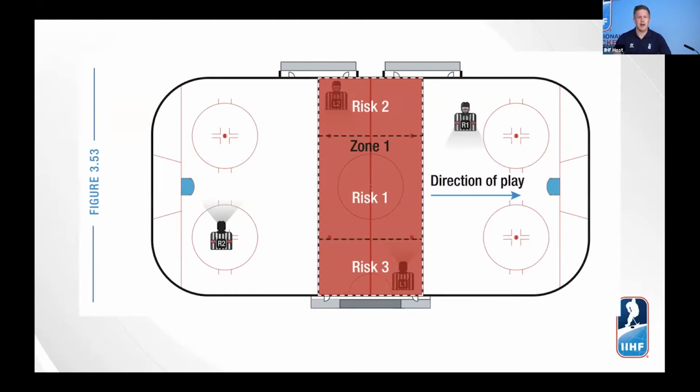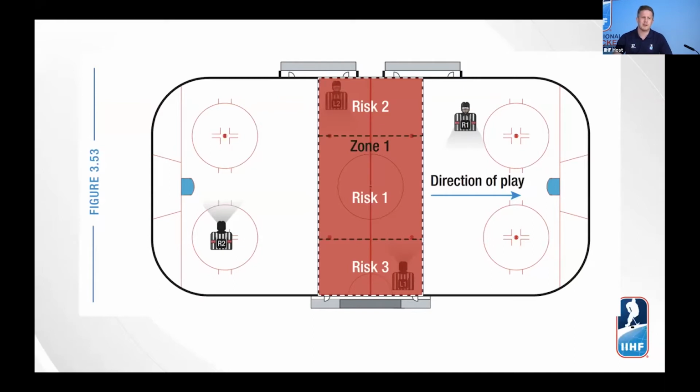This will also be a nice transition into the play of the end zone, where you will see in the attacking zone that R2 will take the main responsibility of the players that will come into the zone in either zone 4 or in zone 1, where we have a shared responsibility in front of the net.